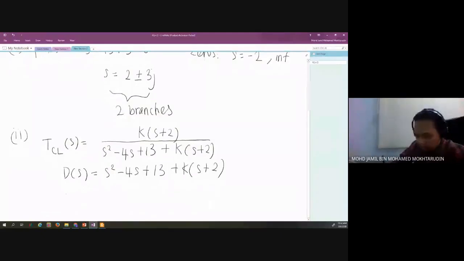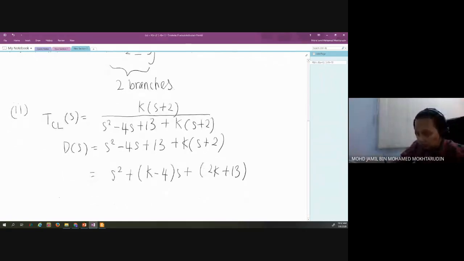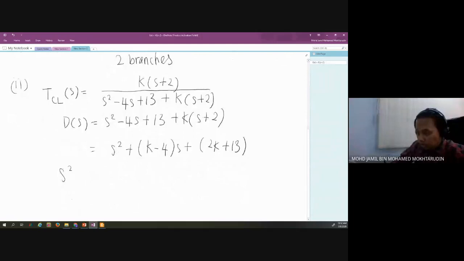So you will get S square plus (k minus 4)s plus 2k plus 13. Okay, then you use Routh-Hurwitz table. Start from S2, then followed by S1.